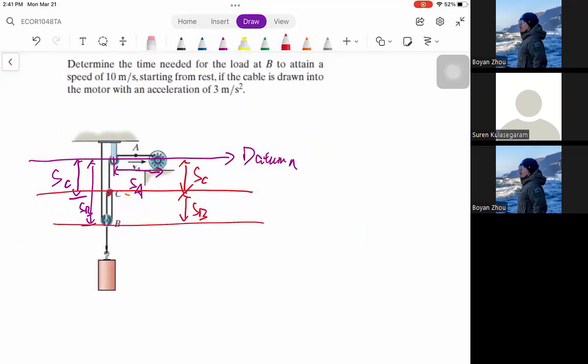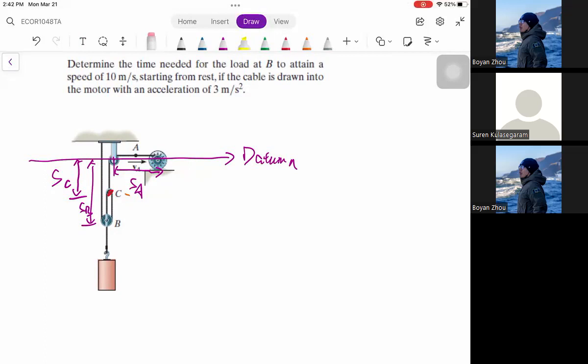But when we do the calculation, the derivative of SB is actually going to be a relative velocity of B with respect to C. So if you set up the datum in the middle, it's going to create a lot of mess. I don't recommend setting a datum in the middle, just keep it simple at the top or at the bottom.